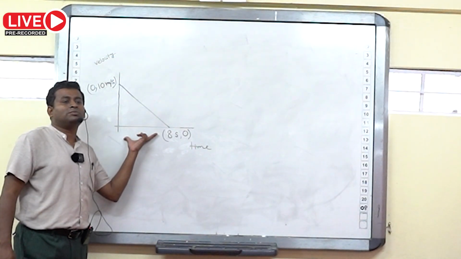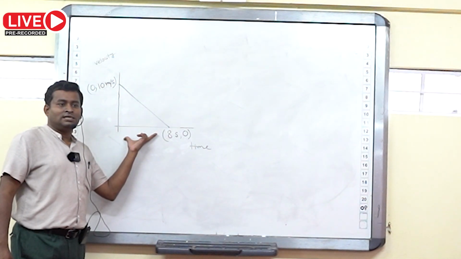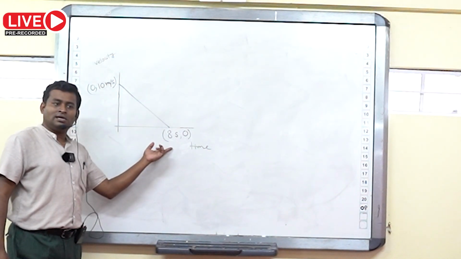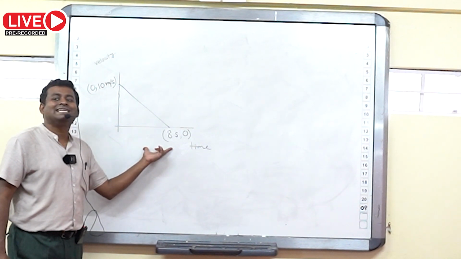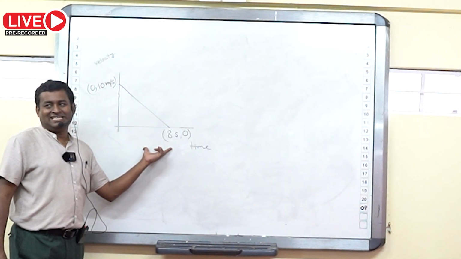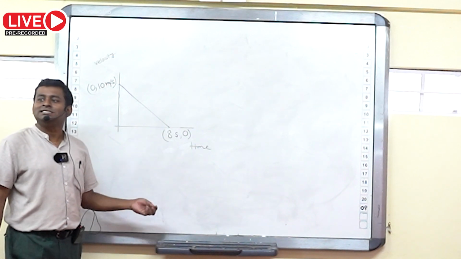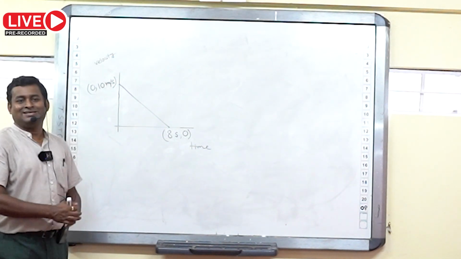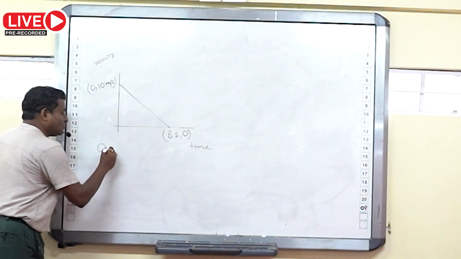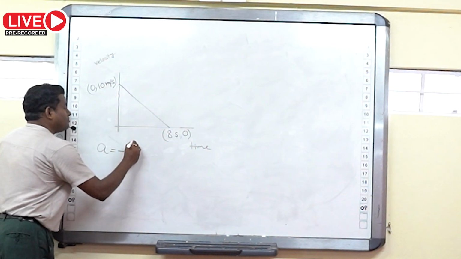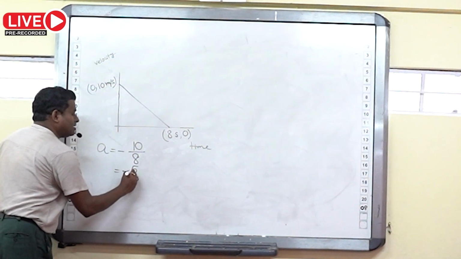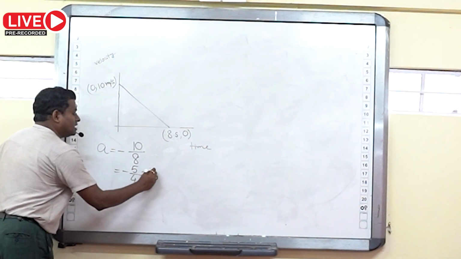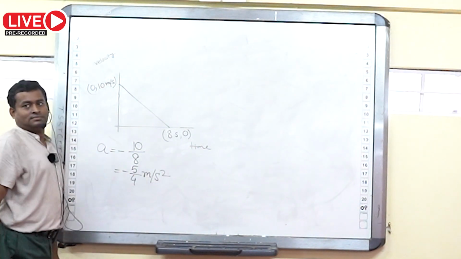So acceleration of the particle is 10 by 8 with a minus sign, because it is retardation. So if you calculate acceleration, this will be 10 by 8, that is minus 5 by 4 meter per second square.